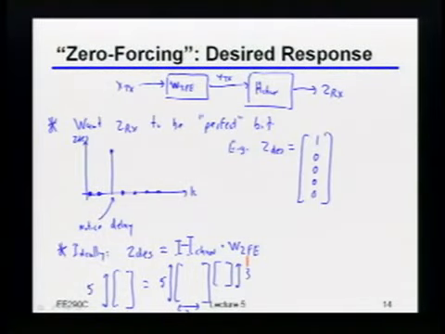A small question, but for the desired response, maybe the third element should be 1, right, in this case? Oh, it depends. In this particular example, I made it so that I wanted a symbol delay of 0, so I left it at that first one. But if I wanted to change the number of precursors versus the number of postcursors, I could have flipped it around.